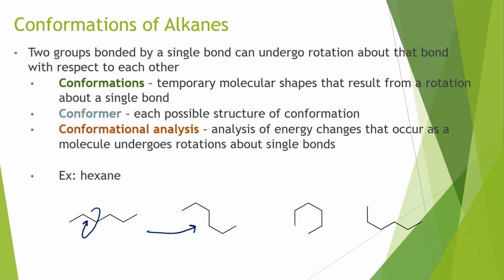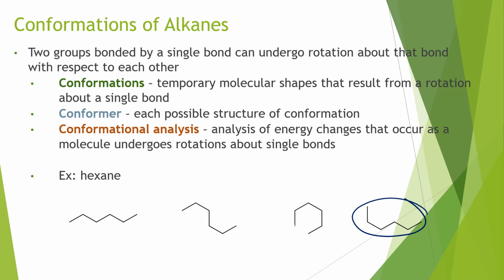And if you were to rotate around this bond, bringing this bond over to this side, you'd have this conformer, and so forth. You could keep rotating until you also have this conformer, which simply has a rotation around this bond, but bringing this one up.